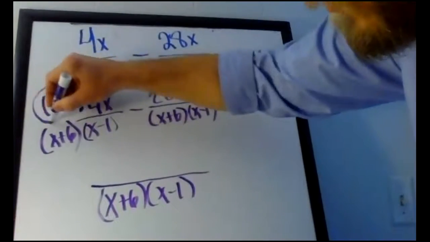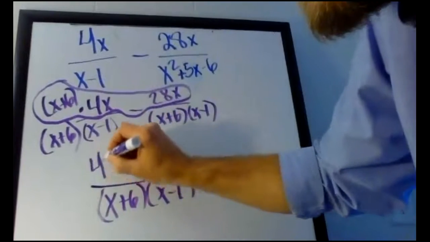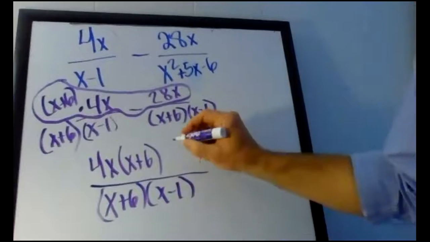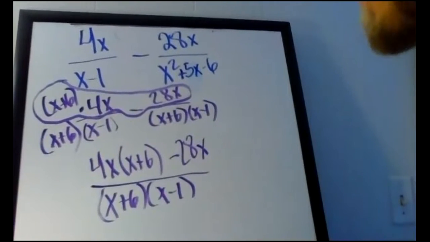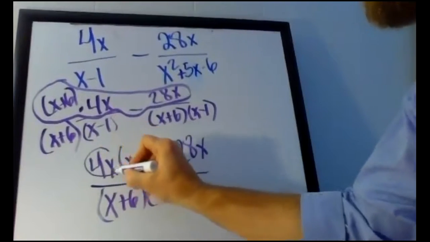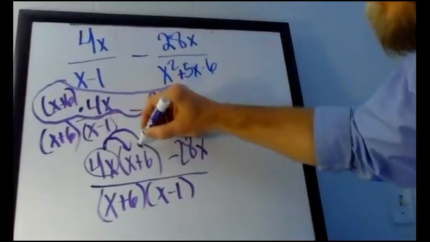And what we are going to do is work only with the numerator at this point. So I'm going to get 4x times x plus 6, minus 28x. Now we do need to simplify this stuff in the numerator. I'm going to take this whole 4x and distribute it into the binomial.